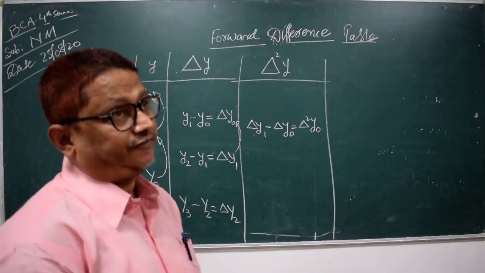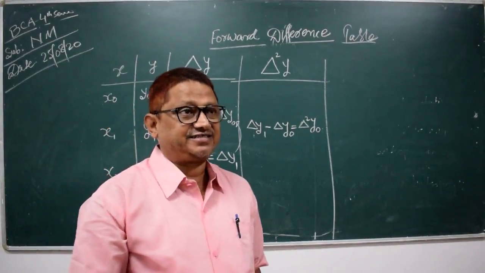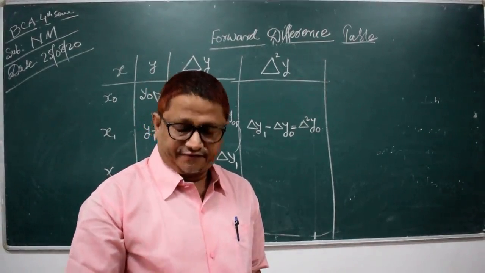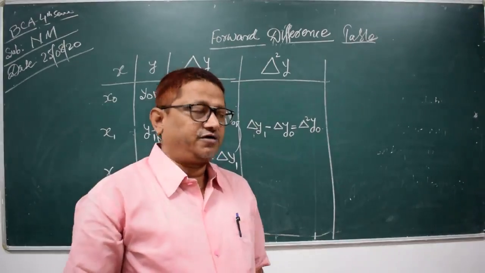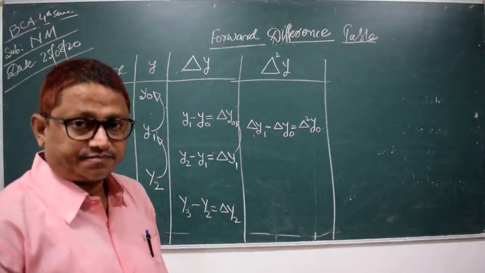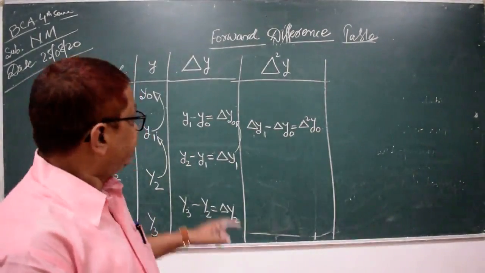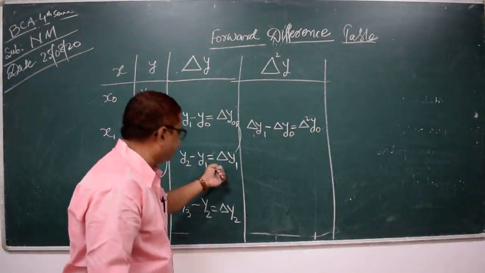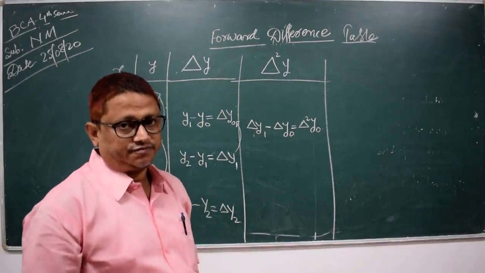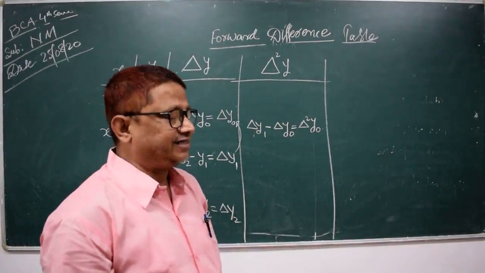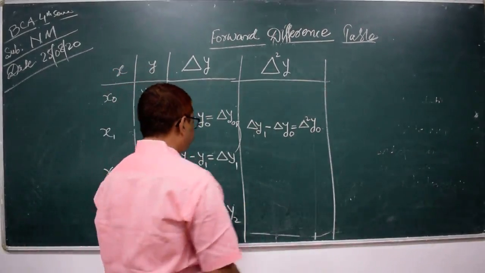It means we are repeating the procedure of the first difference. Y1 minus y0 is represented in the first column of the difference. In the next column of the difference, we subtract the first value from the next value, delta y1 minus delta y0, and this value is delta square y naught.